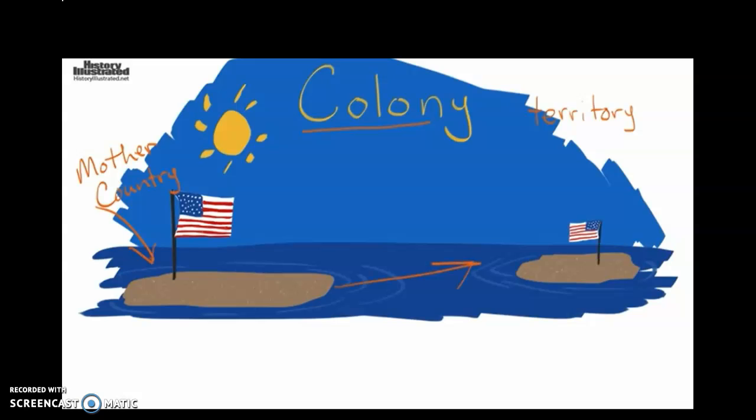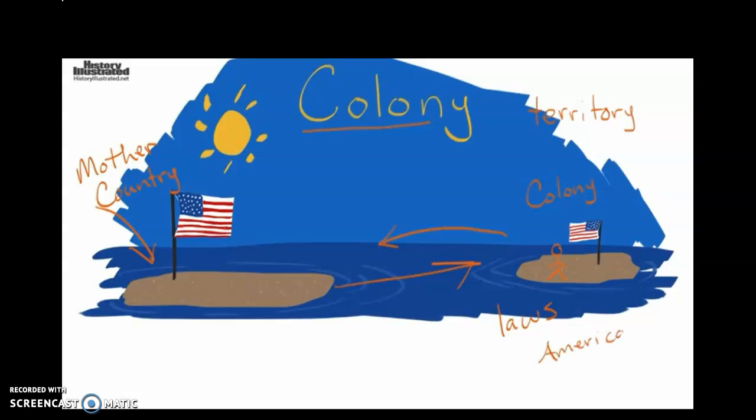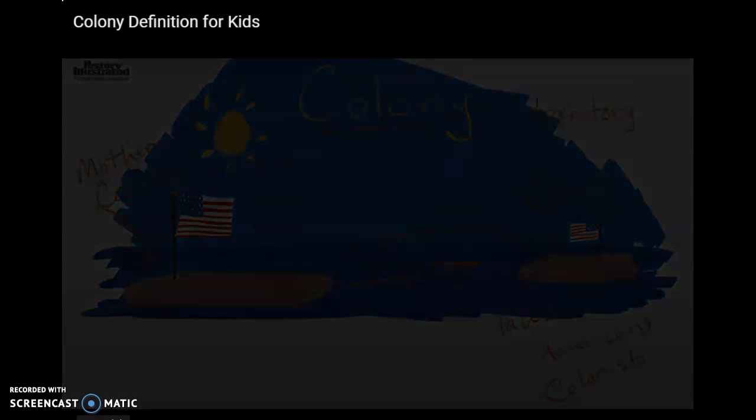So they would put their flag on it and say, this is our colony. It is not the part of the home country over here, but we control it. We make laws, we pay for things that they need, and we may even send people over here to live, and they are also known as Americans. They would be colonists, the colonists that belong to the mother country.